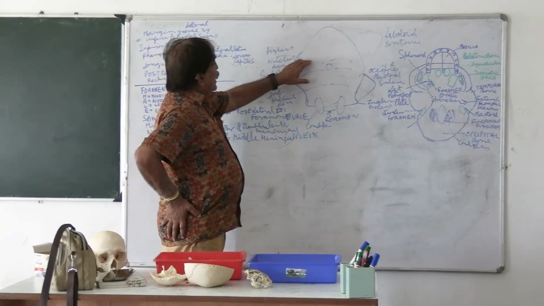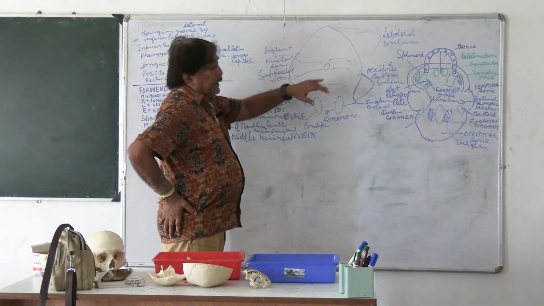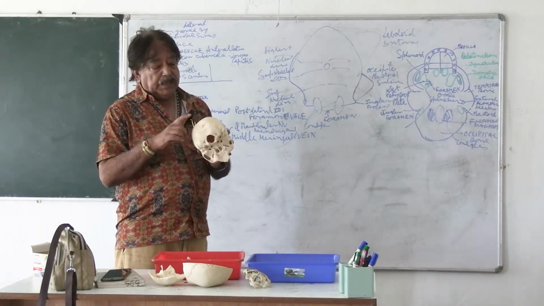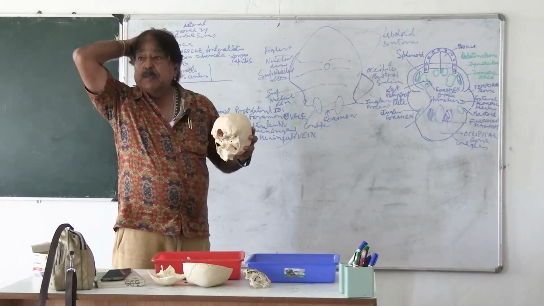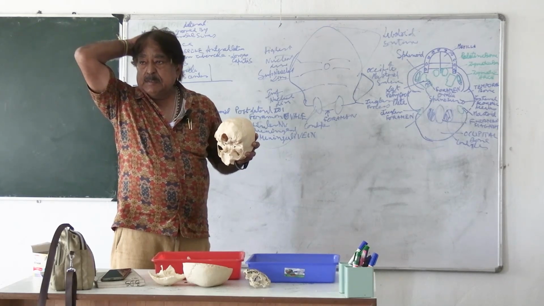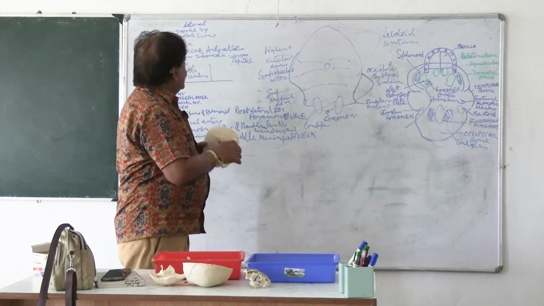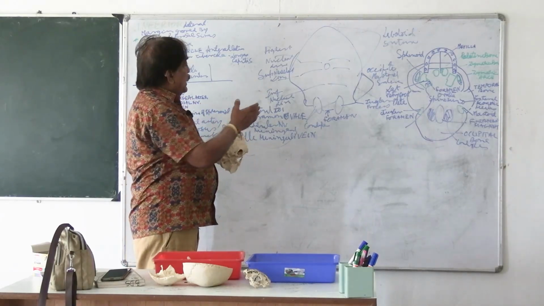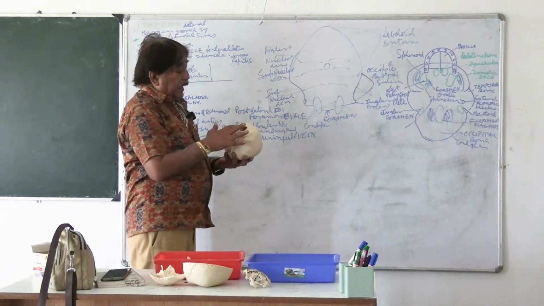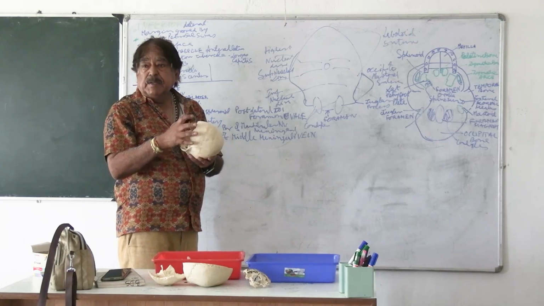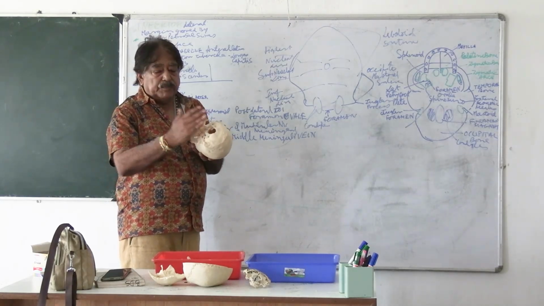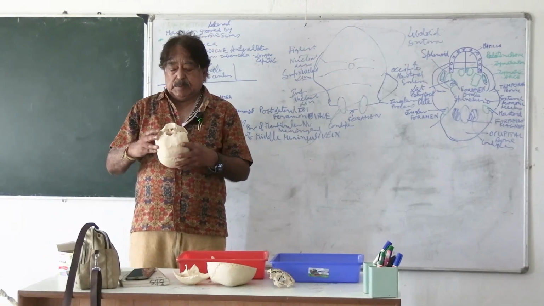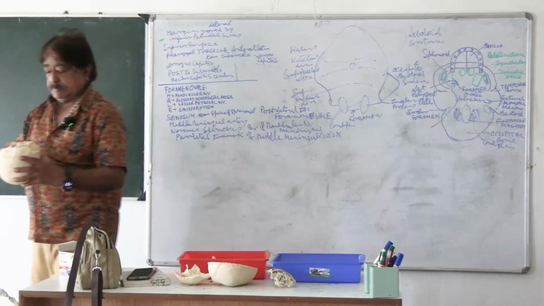Now, the highest nuchal line is here. The protuberance. Okay. Now, the superior nuchal line and inferior nuchal line, the two condyles, the foramen magnum, this whole thing up to this part.